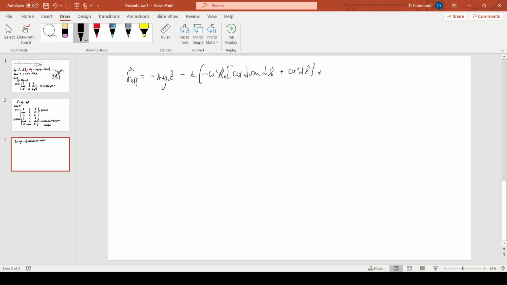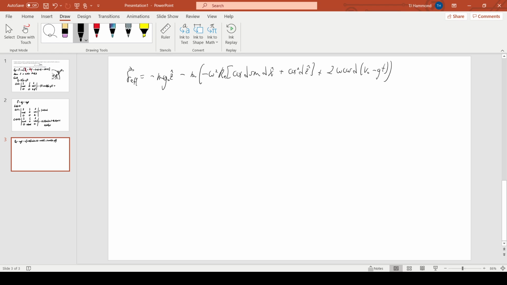And we'll have the Coriolis component will be 2 omega cos lambda, v naught minus gt. Okay?